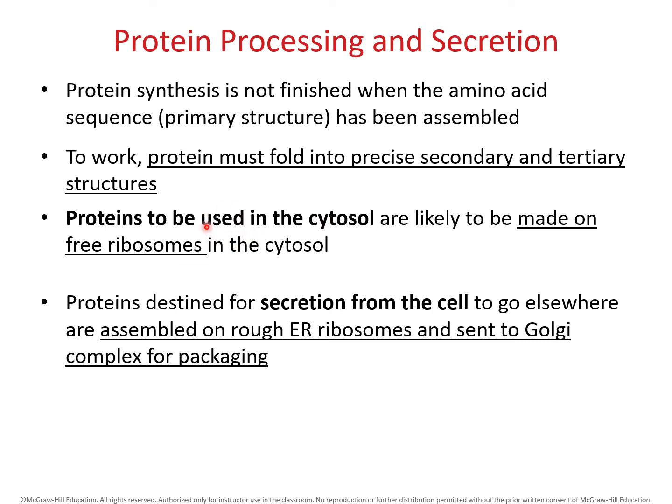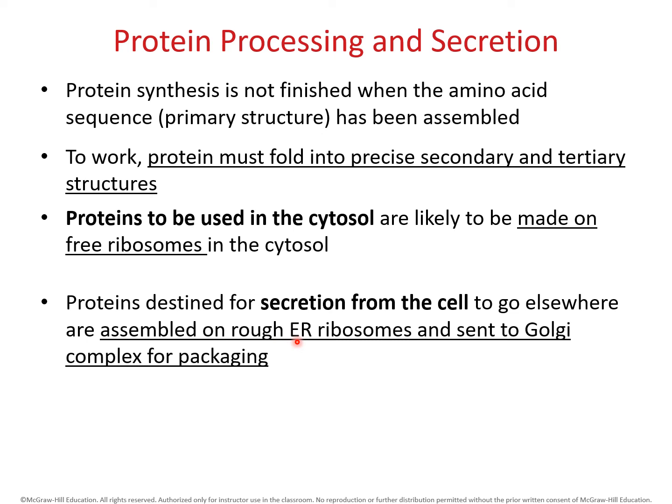Now, typically, proteins that are destined to stay inside of the cytoplasm are going to be made by the free ribosomes. Proteins that are destined to leave the cell to function elsewhere are typically going to be assembled on the ribosomes living on the rough ER.